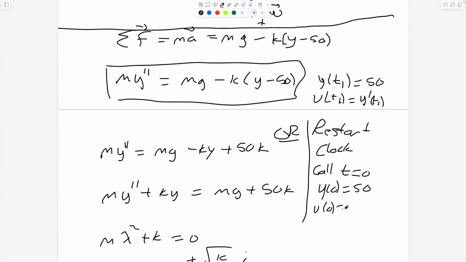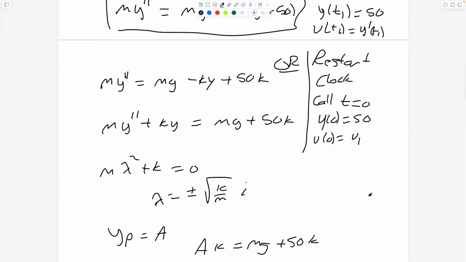V of 0 equals whatever you got up here, V1. Then once you get your solution, you get some y of t. We're going to shift that by replacing every t that you get in your answer with a t minus t1. So now we're going to shift over by that time.